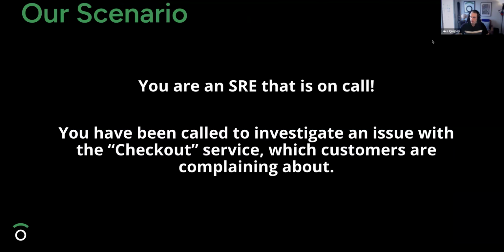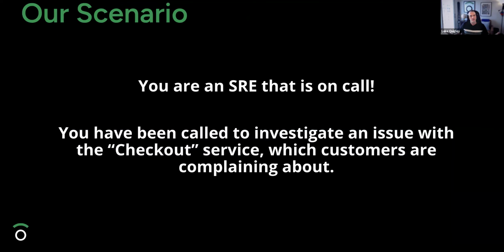All right, cool. So what's our scenario for today? Our scenario is that you are an SRE, okay, and I'm going to be an SRE with you, and we're going to be investigating this issue. We're investigating specifically an issue with the checkout service, or at least we think it's the checkout service. The reason why we think it's the checkout service is because customers are complaining that they can't check out. Okay, makes sense, right?